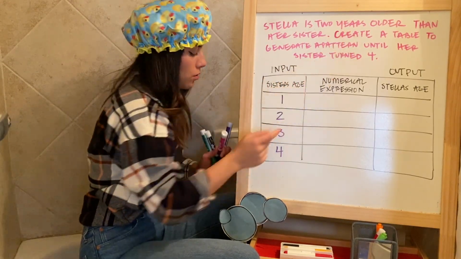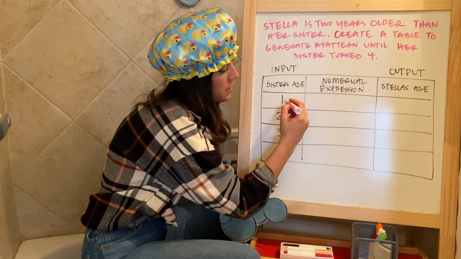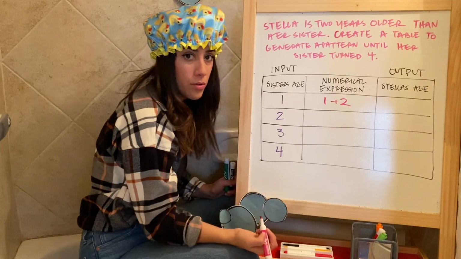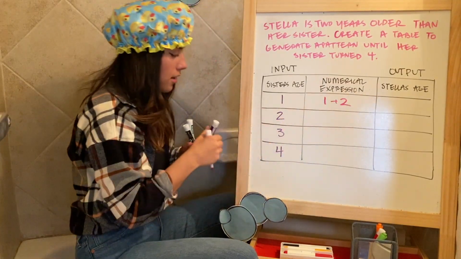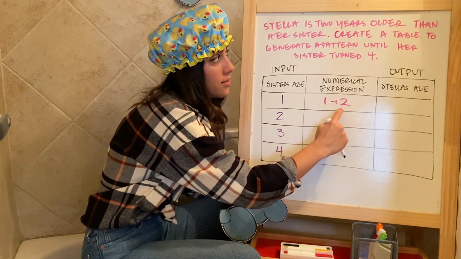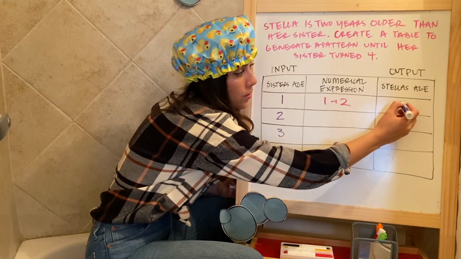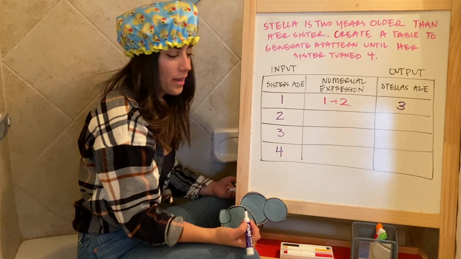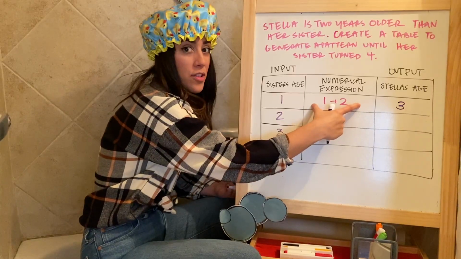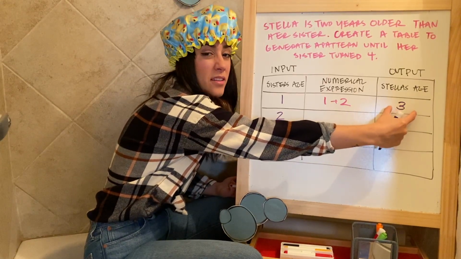Stella is 2 years older, meaning my numerical expression would be her sister's age is 1, plus the 2 years, because Stella is older, that makes Stella how old? 3. Okay? All we did was get an input. We have the numerical expression telling us what to do, and that gave us an output. Now I know that that's Stella's age.